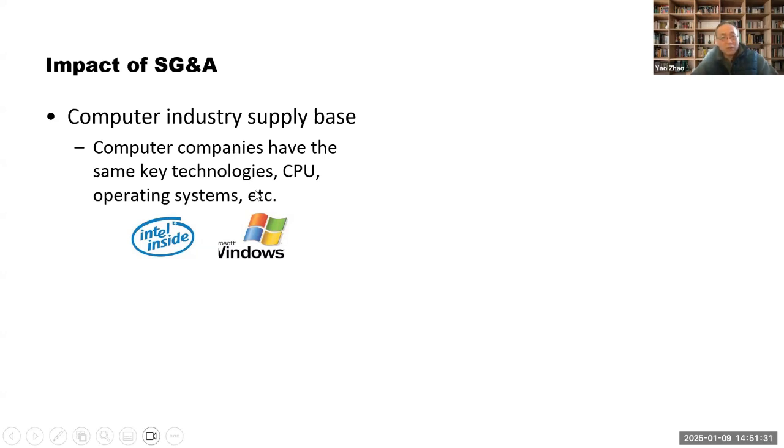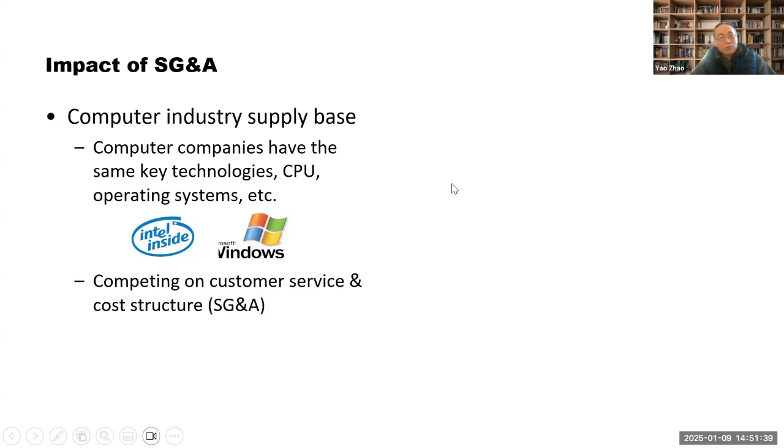They have the same suppliers essentially. For example, CPUs and operating systems all come from the same supplier. And they are not really competing on cost of goods sold. They are competing on customer service and SG&A. SG&A, although it's smaller than cost of goods sold, can play a crucial role in competition.